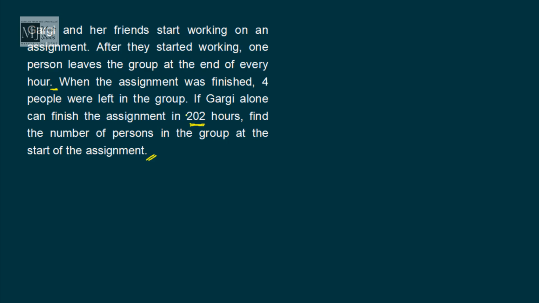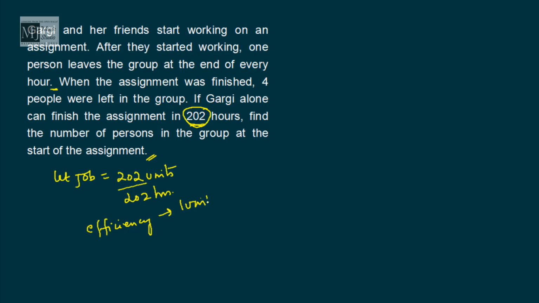So Gargi alone can complete this work in 202 hours. Let the job be to produce 202 units, which Gargi is producing in 202 hours. That means the efficiency of each person, obviously Gargi and each person, is that they are producing 1 unit per hour.